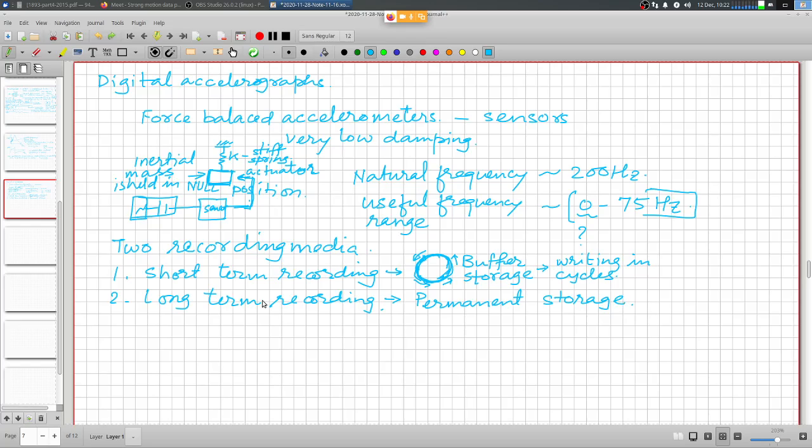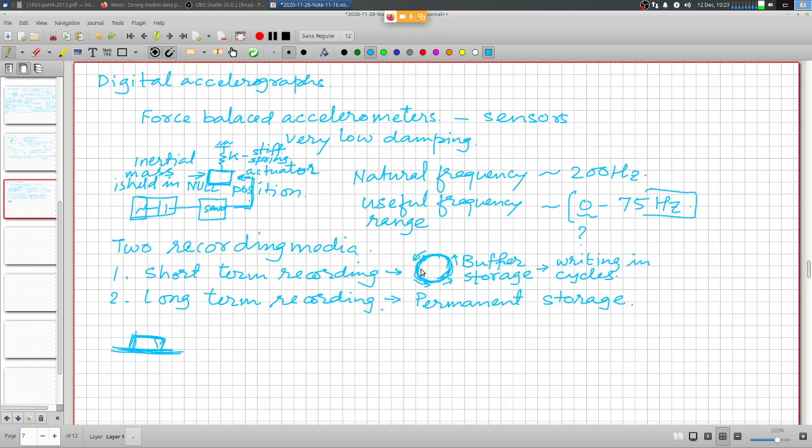So when the instrument is sitting idle on the platform, on the base, right? The unit is installed on the base wherever the station. It is powered on and it keeps on recording in this buffer storage till the time when the base motion or the acceleration exceeds a particular threshold that is preset in the system parameters.